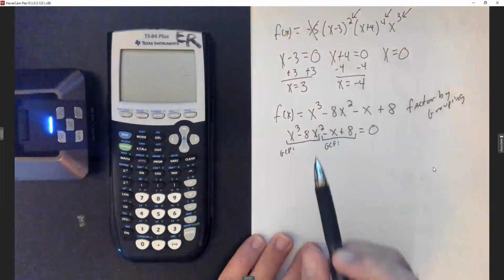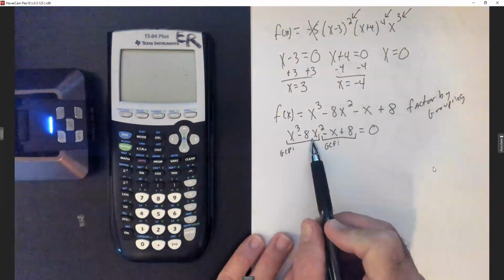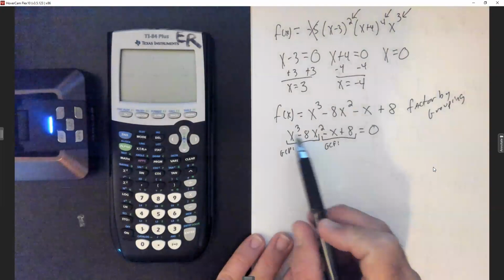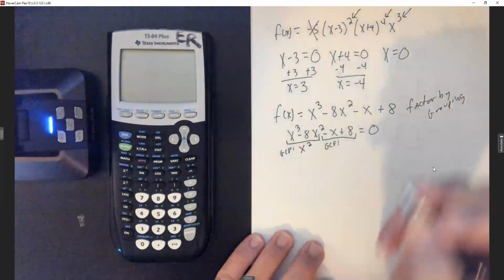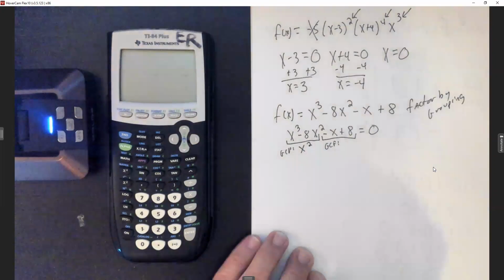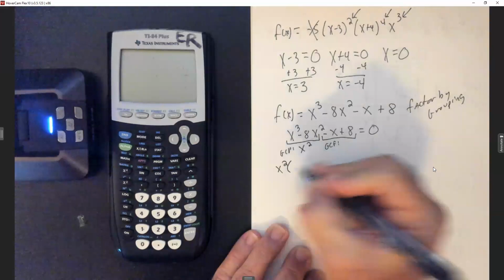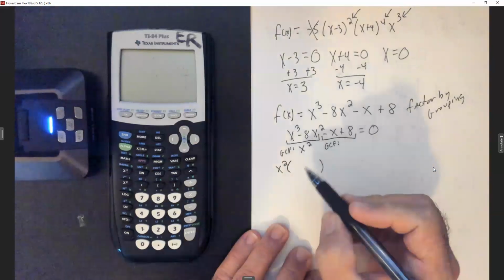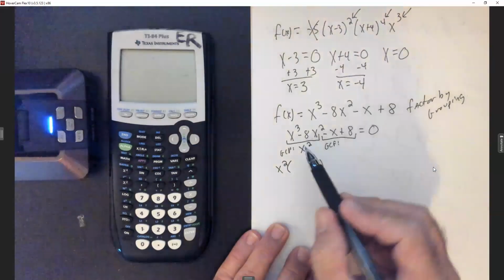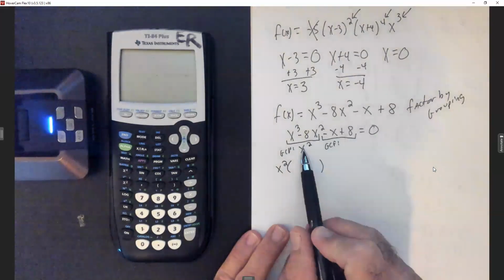So you got an x to the third and an 8x squared. The GCF between those 2 terms would be x squared. That's the most that they have in common, okay? So you factor out that x squared. And in parentheses, you put what you get when you take x to the third minus 8x squared and divide both of them by that x squared.